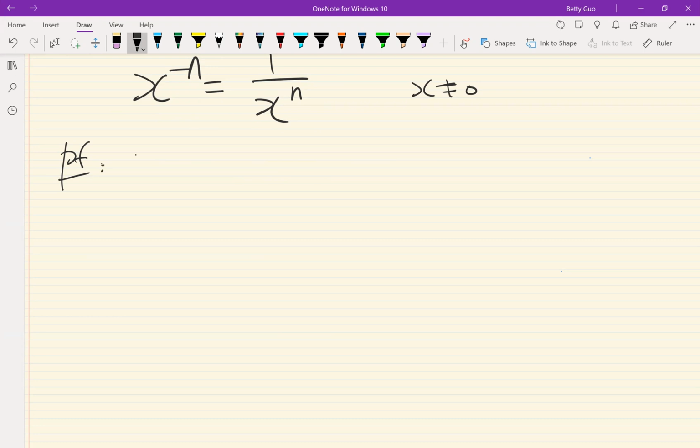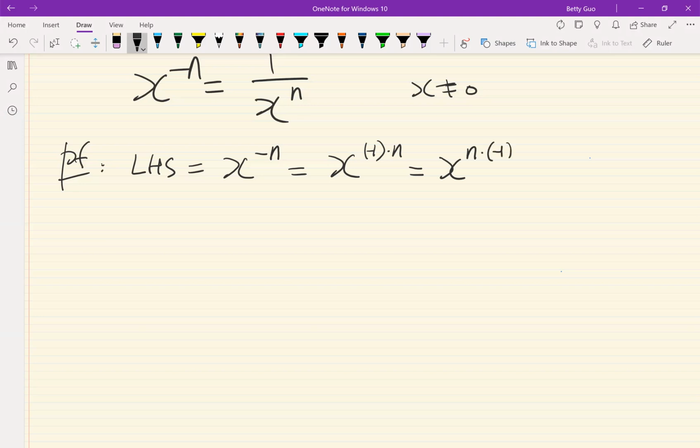We start from the left-hand side, x to the power of -n. Could I write -n as -1 times n? Okay. Could I write -1 times n as n times -1? Same thing, right? So far, so good?